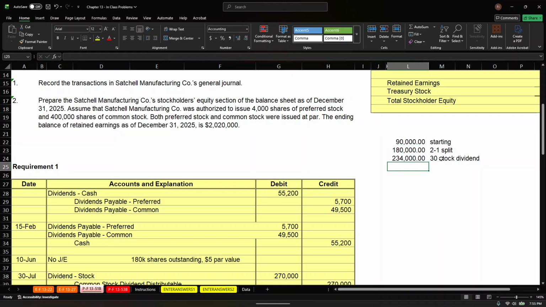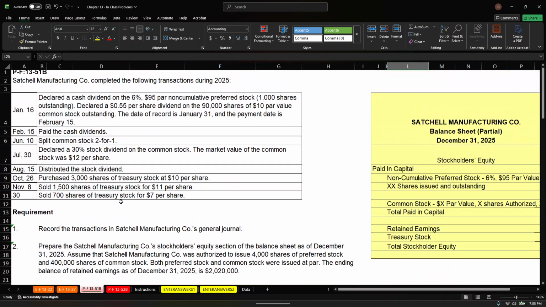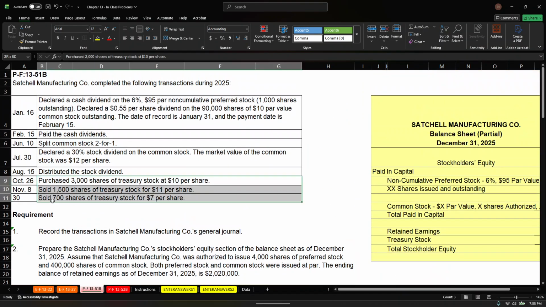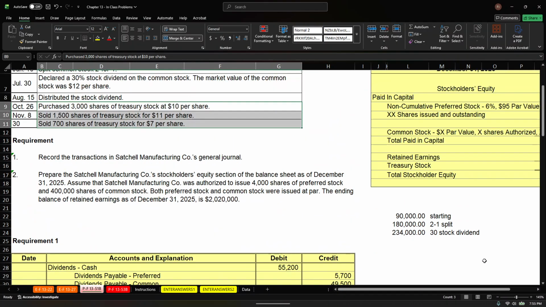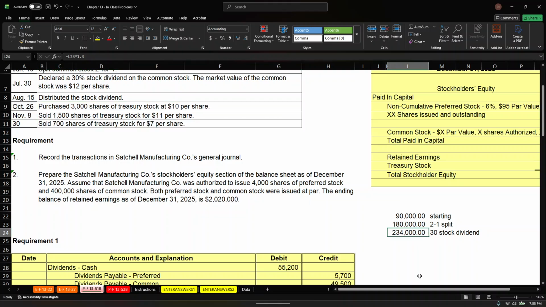And then we had some treasury stock transactions that basically net reduced this by 800. Do we agree? Because I first bought back 3,000, but then I sold some back into the market. So the net result of that is only 800 that I still have taken off the market.